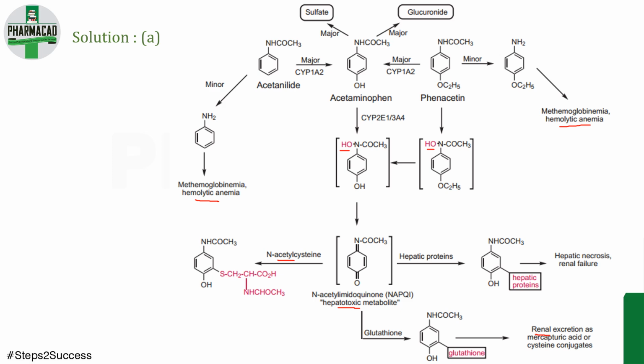Instead of reacting with the proteins, these NAPQI derivatives will react with the N-acetylcysteine and form a water soluble intermediate. This is easily excreted from the kidneys. Hence, the question that was asked, that is N-acetylcysteine is useful for the treatment of toxicity due to, the correct option is acetaminophen, that is option A.